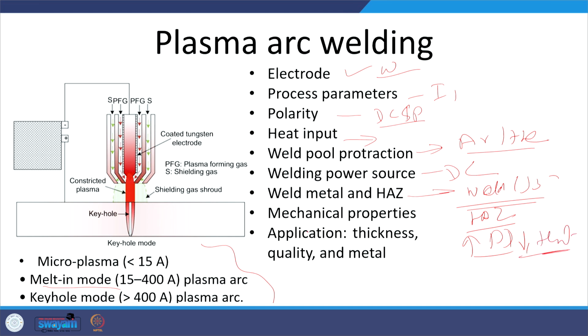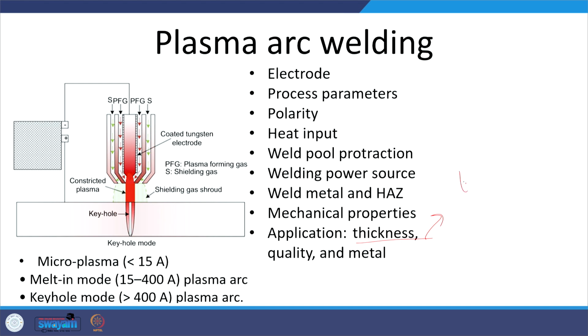Okay. And for the application and thickness, the plasma can be used for thin sections using microplasma, and for very thick sections if you are using the keyhole approach. Quality is very good, and it can be used for welding metals which are sensitive to atmospheric gases, otherwise it will be a costly affair. And also argon or helium is used as a shielding gas.